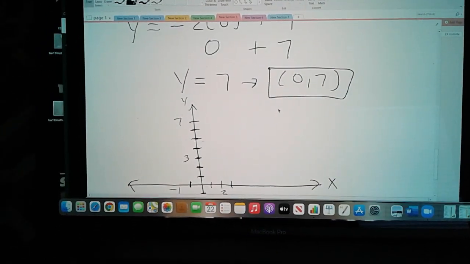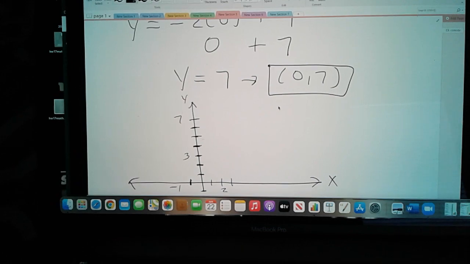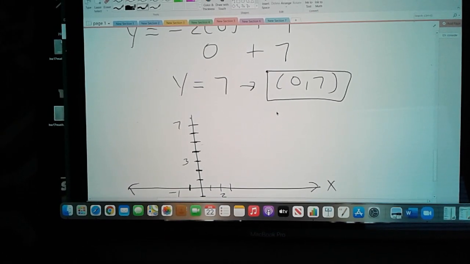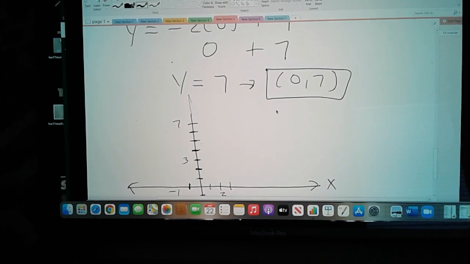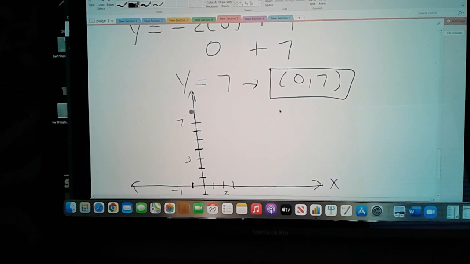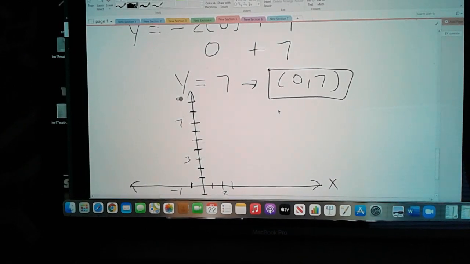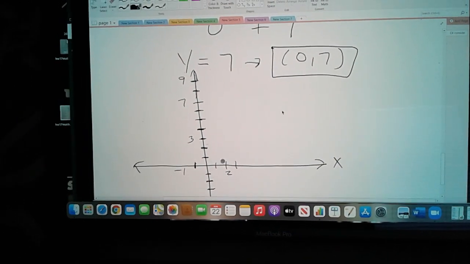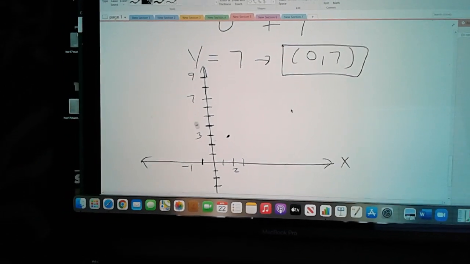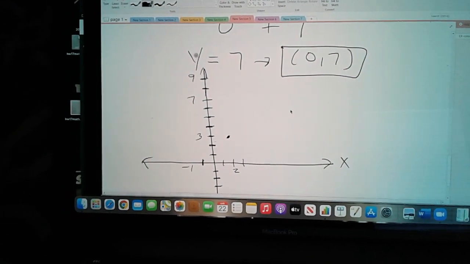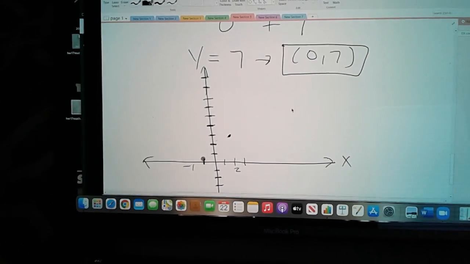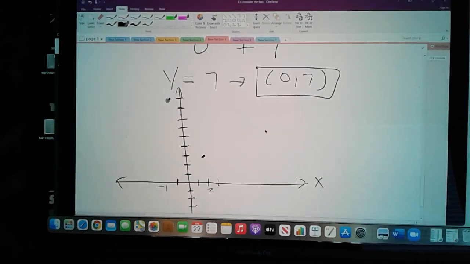Let me go a little bit higher up on this. All right, so 2, 3 is the first point. And negative 1, 9 is the second point. You write it on this side. So negative 1, 9 is like here.